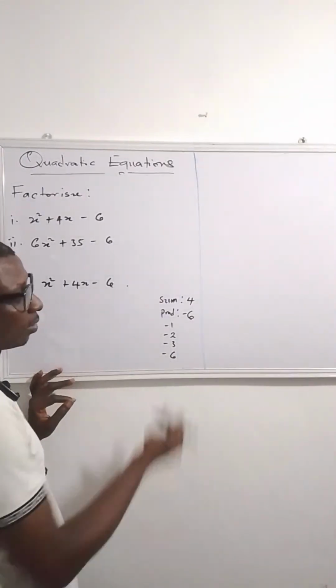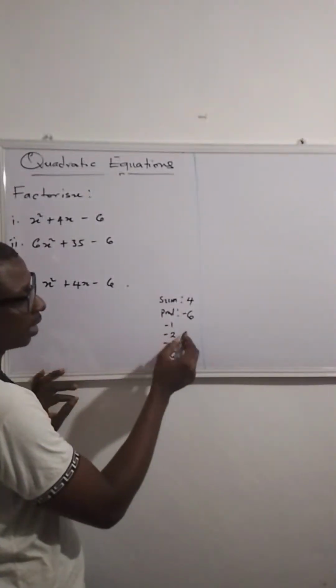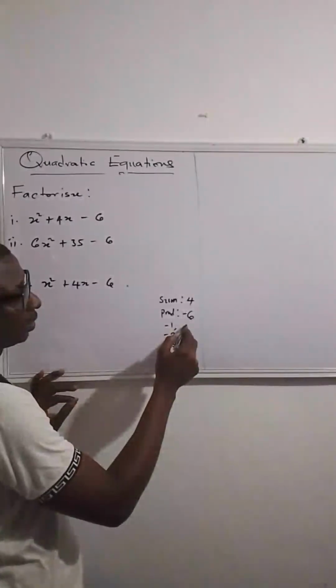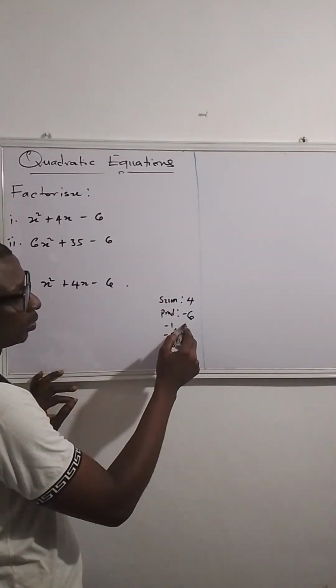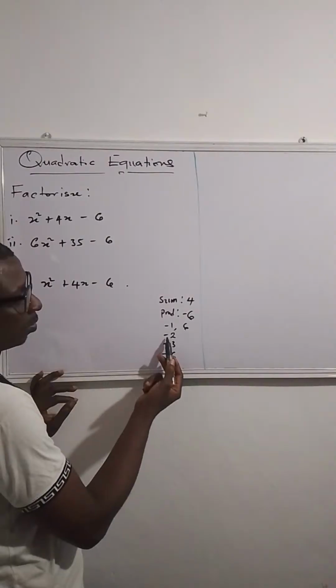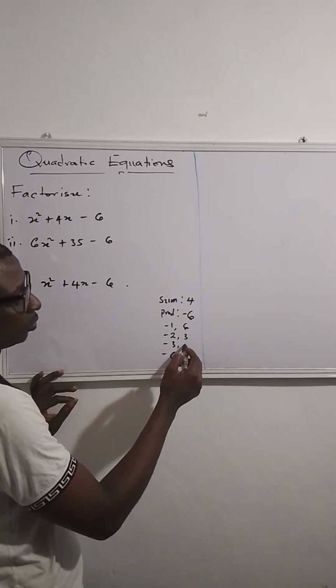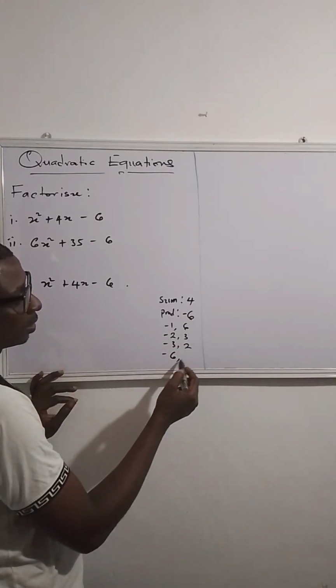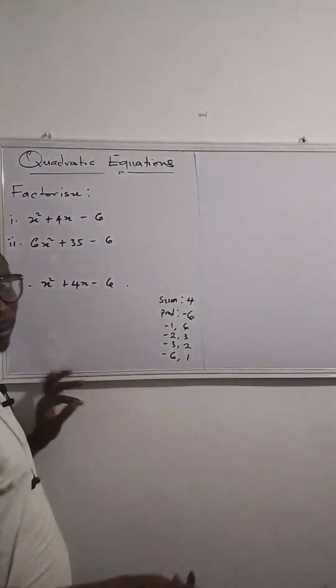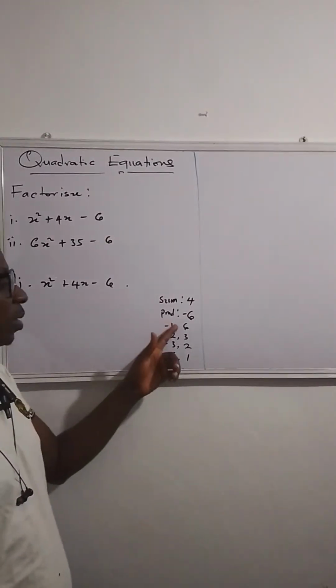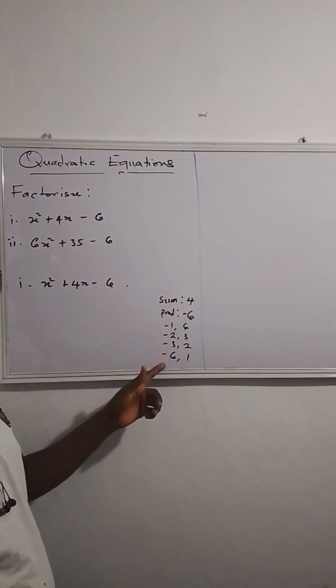All right. Now combining them, I can have minus 1 and 6, 6 and minus 1, minus 2 and 3, minus 3 and 2, minus 6 and 1. So these are the possible pairs you can have.